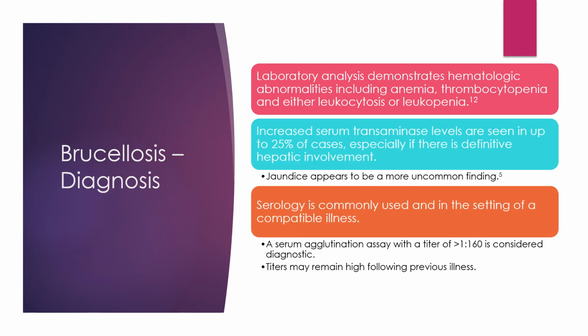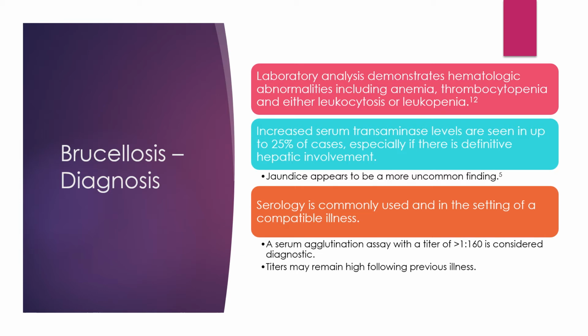So lab abnormalities can likewise have a number of findings in these patients, including anemia, thrombocytopenia, and you can either have leukocytosis or leukopenia when patients have brucellosis. And increased serum transaminases are seen in up to 25%, especially if there's diffuse involvement of the liver.